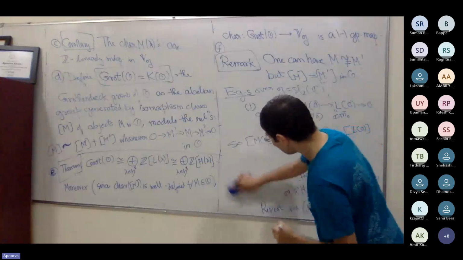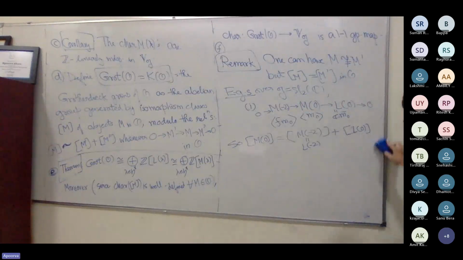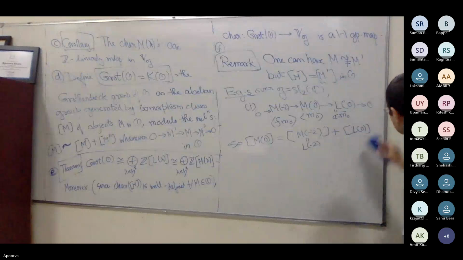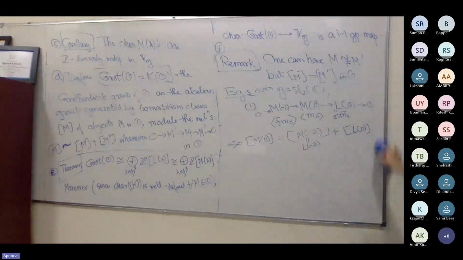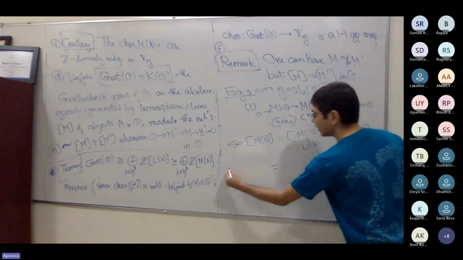Okay. Now, can you tell me another object which is not isomorphic to this guy, not isomorphic to M0, and yet has the same class?